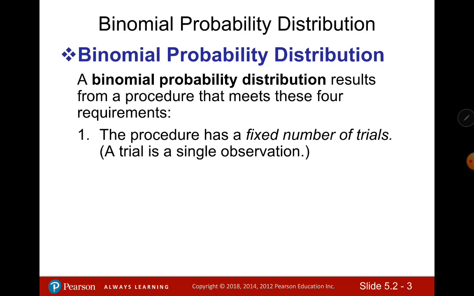First of all, let's talk about what the binomial distribution is and what the requirements for a binomial distribution are. First, the procedure has a fixed number of trials. So the number of trials is fixed.